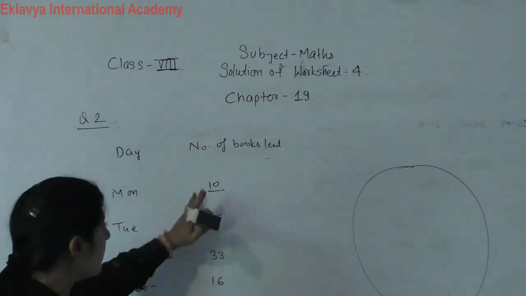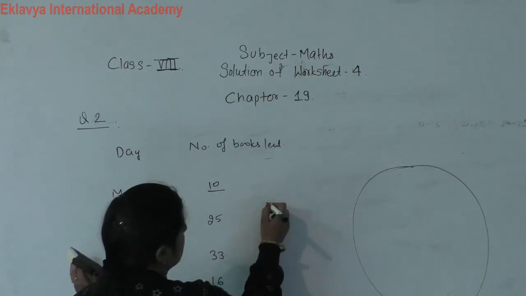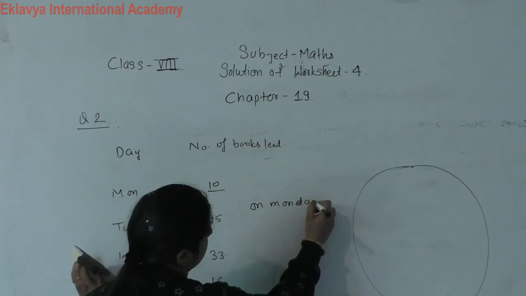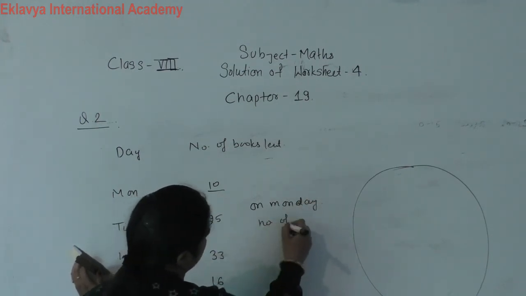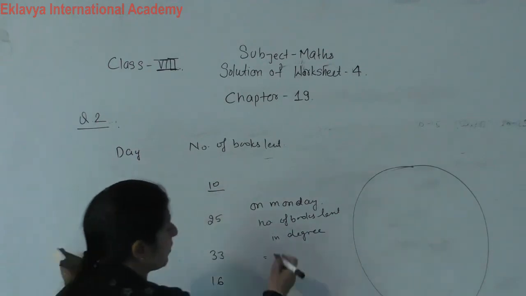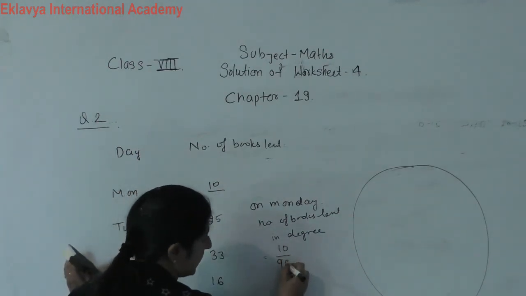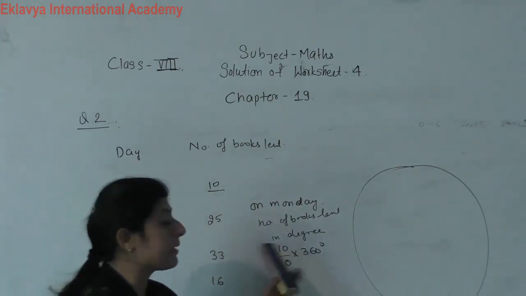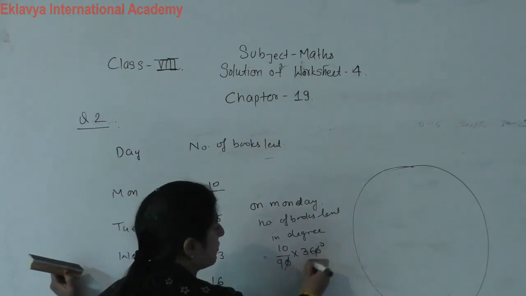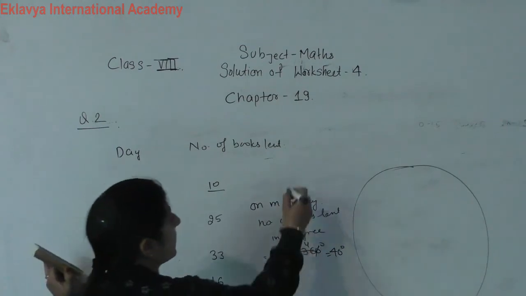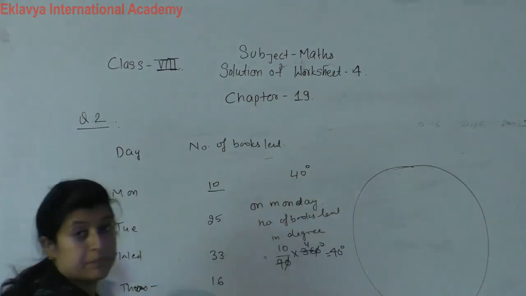We find it like this: on Monday, the number of books in degrees is 10 out of the total 90, and when we want to change into degrees, we multiply by 360. If you do this it becomes 40 degrees. So for this we have to make 40 degrees in the pie chart.